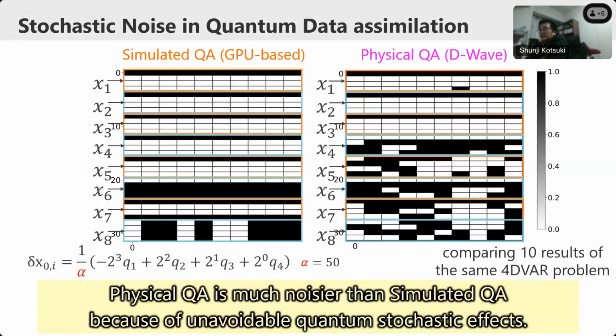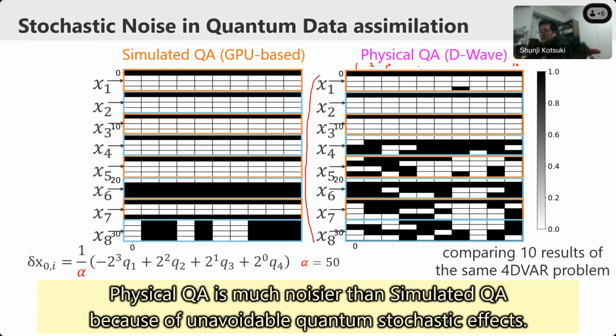But we also need to care about the stochastic noise in quantum data assimilation. Here I'm showing results of the same 4D-Var problem: the first result, second result, third result, up to the 10th result, for the first 8 variables.